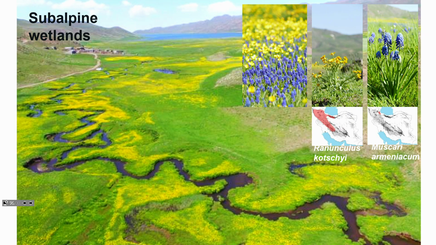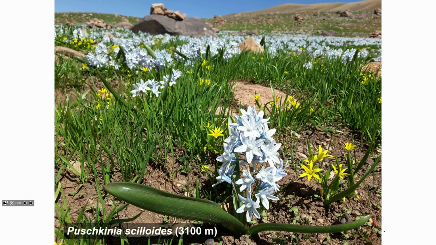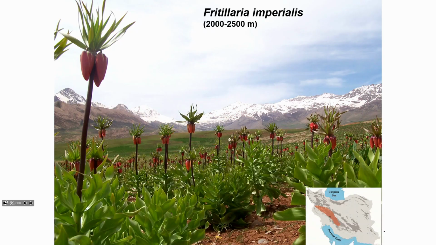Yeah, one image for the subalpine wetlands with some character species like Ranunculus kochii and Muscari armeniacum. Puschkinia scilloides is also a species close to wetlands or snow beds, but in the subalpine zone, not alpine.